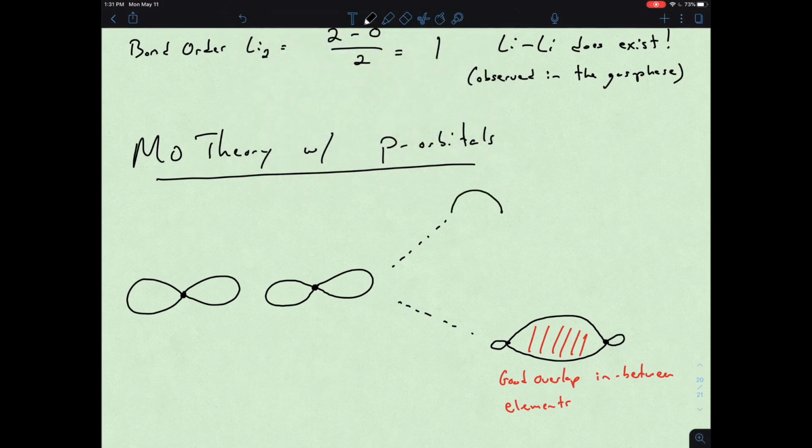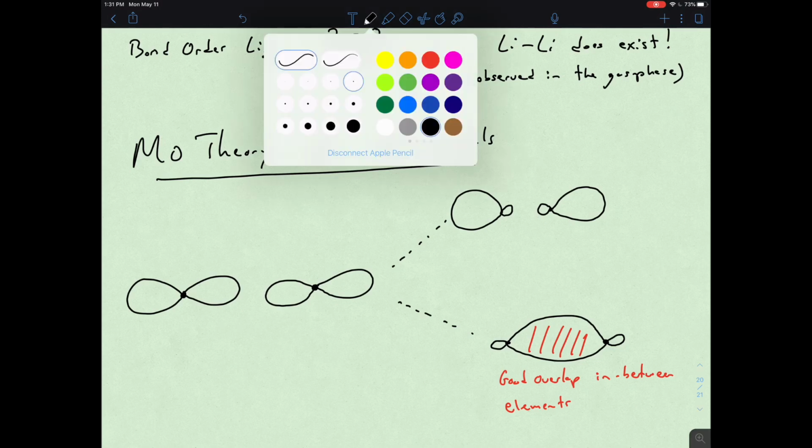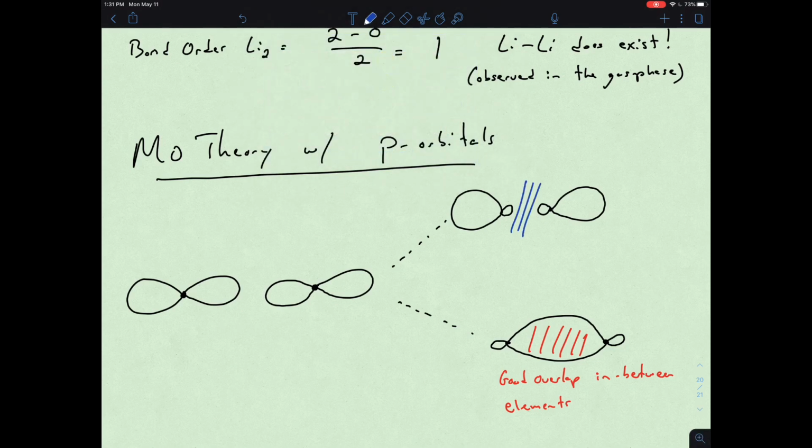Now you're going to have these lobes on either end, and then that little dinky lobe is going to be pointing in the middle. But as you can see, there's no good overlap there. So this is our sigma star, and this is our sigma. And these would be resultant now from two p orbitals, so we can be a little bit more specific now with our nomenclature, because now we can make sigma orbitals not only from s orbitals, but from p as well.